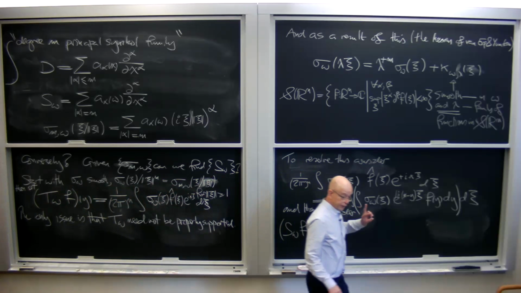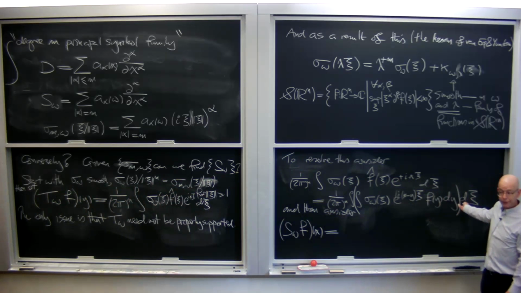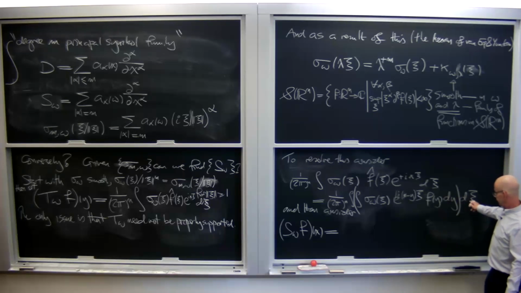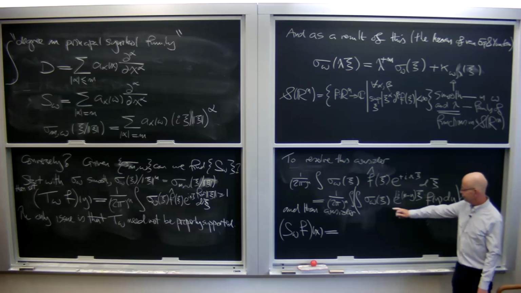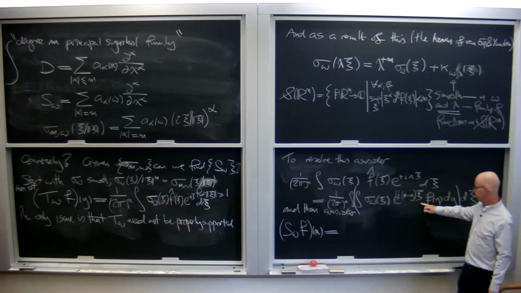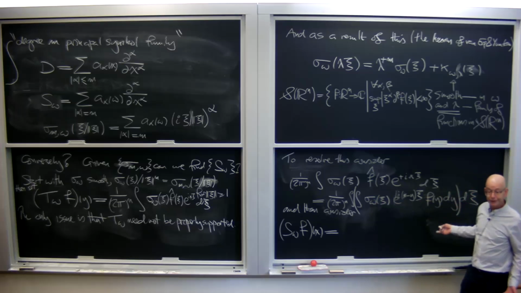So disregarding what I just told you was problematic, which is changing the order of integration, let's do it anyway for a moment. If you integrate over xi first and save the integration over y till later, what you see is that the integral kernel, so to speak, for this operator is the integral of sigma omega of xi times this exponential factor integrated over all xi, which, okay, but that's what it is.